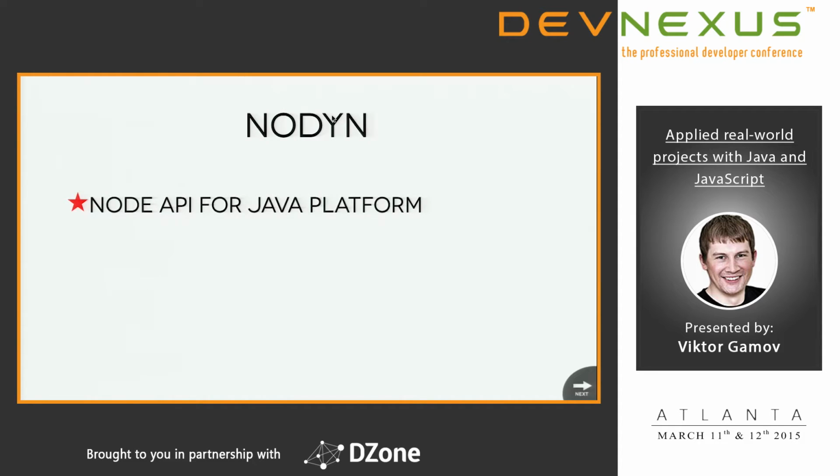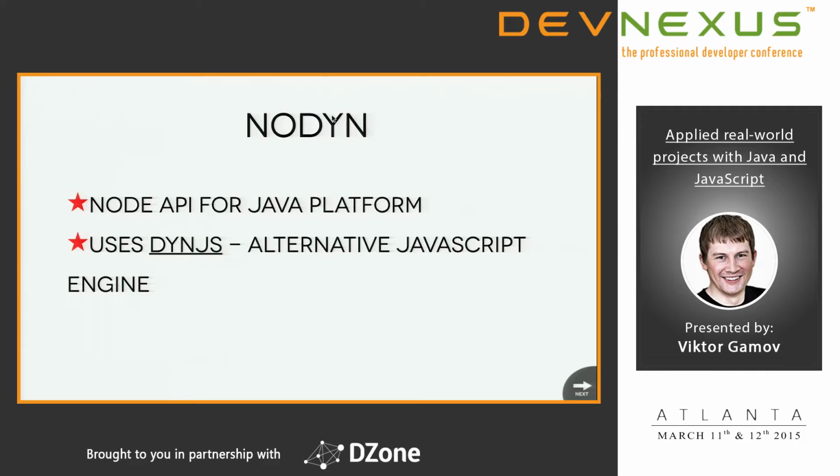What they're doing is they have this project called Nodyn. Nodyn is actually a Java implementation of the Node.js API, the thing that we want to use. And Nodyn actually does this right. It's still working. Nodyn can work with Nashorn, or it can use its own implementation of a JavaScript engine, Dyn.js.